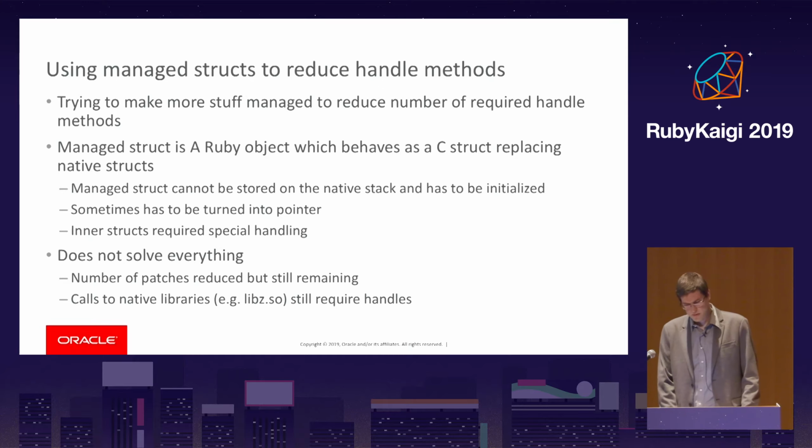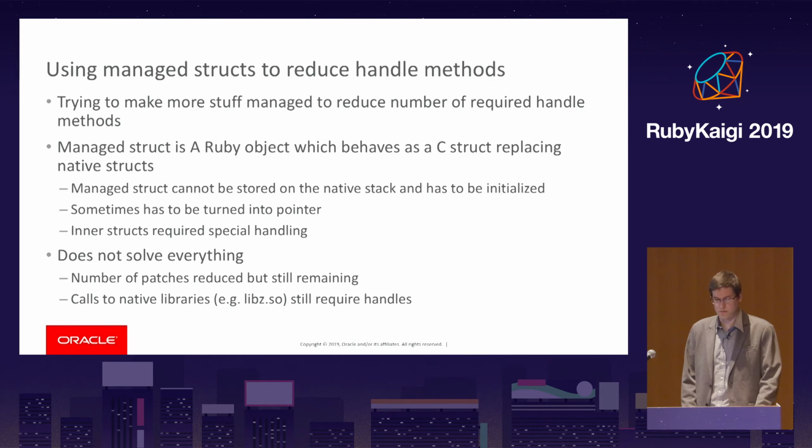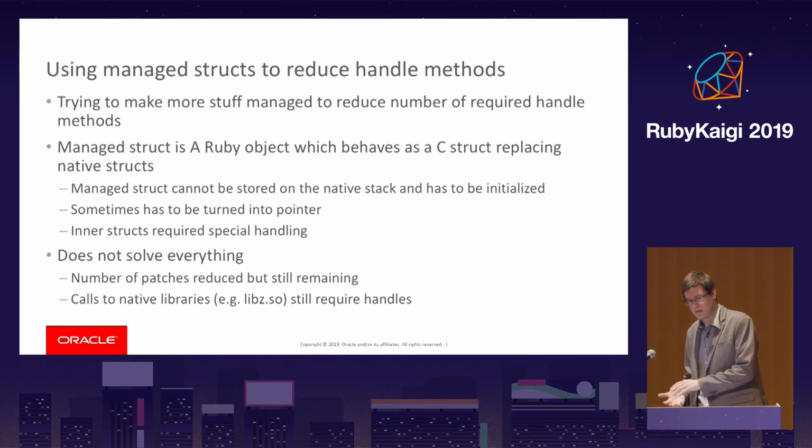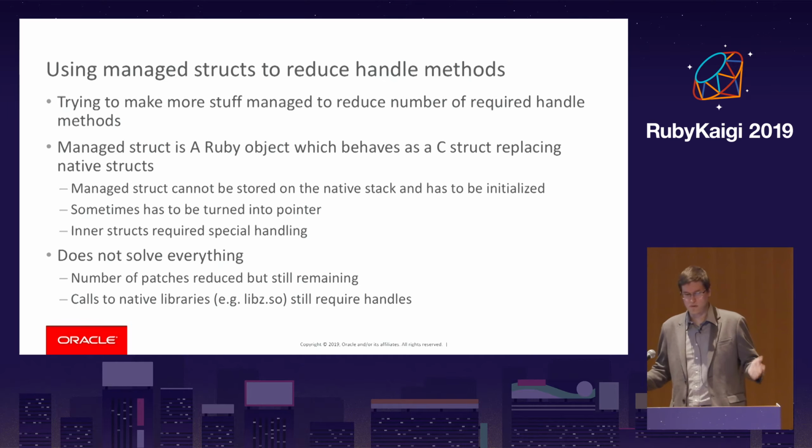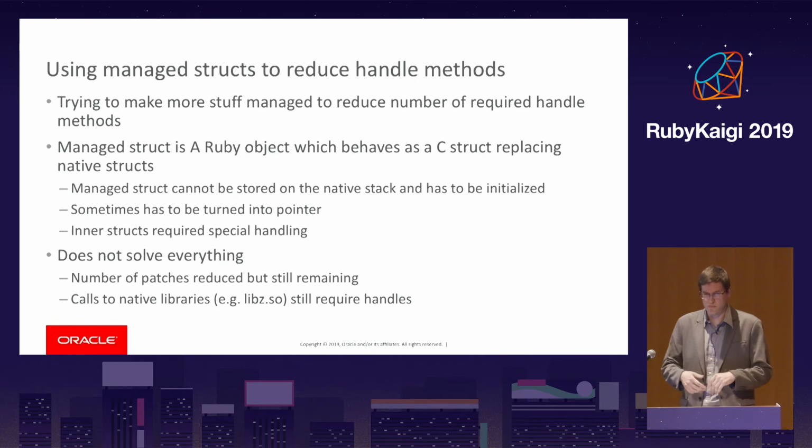The first step we took to try to get rid of it was to turn more things from unmanaged stuff into managed stuff. So we created a managed Ruby object which was behaving as a C struct. And where we would be defining a zstream struct, we would replace it with the managed one. So then we wouldn't need to convert from the handles to the managed objects and back that often.